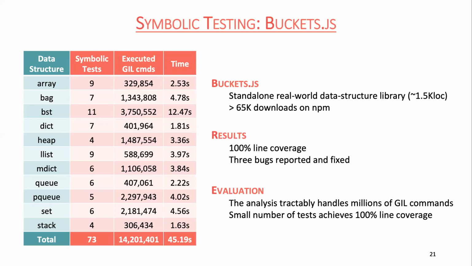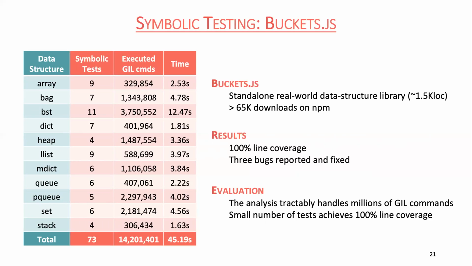So I'm staying with JavaScript for now. We've looked at Buckets.js. It's a standalone real-world data structure library, which is why it's really good for us. It's used a lot. And we've done symbolic testing for that, so instead of unit tests, symbolic tests. And we got an MSc student from France who was doing an internship with us.